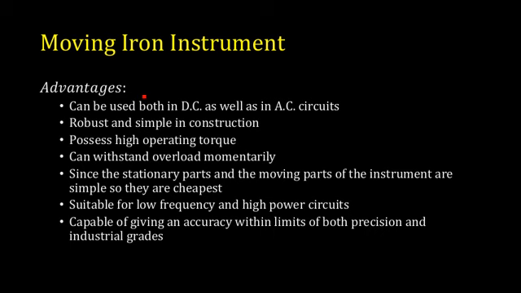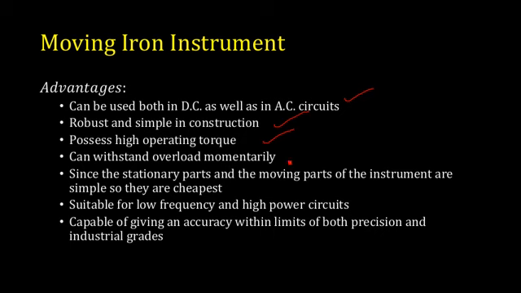Now the advantages of moving iron instruments are several. These are highly recommended for many applications. These are used in both DC as well as AC circuits. They are robust and simple in construction. They have high operating torque since you are directly able to send current through the fixed coil.